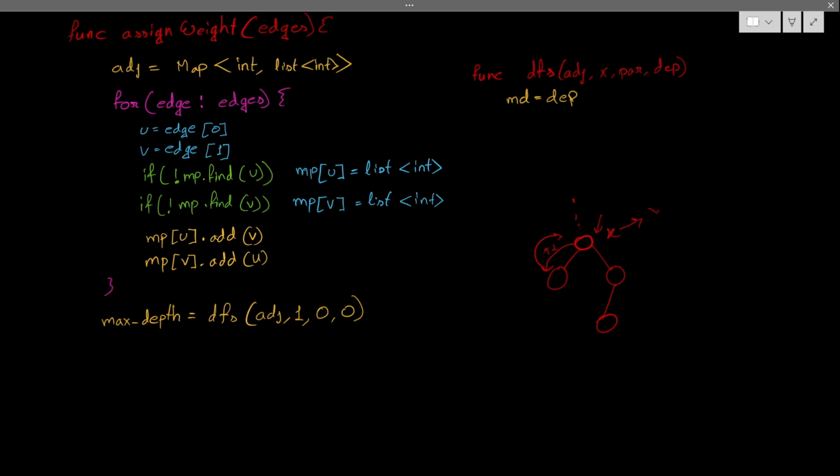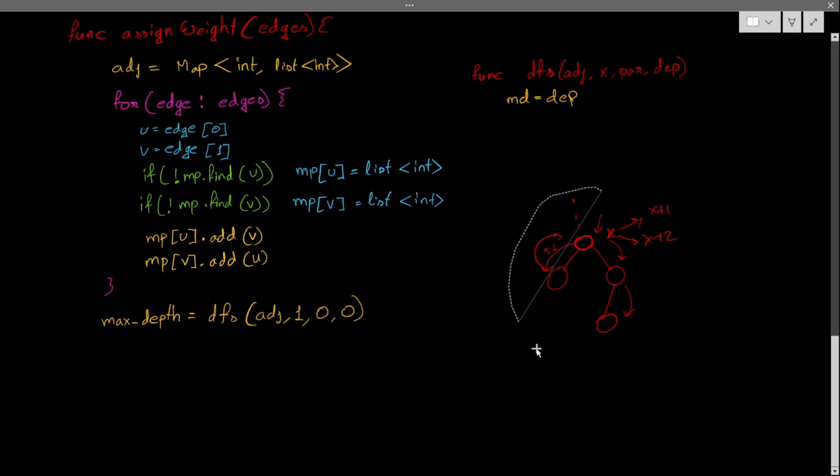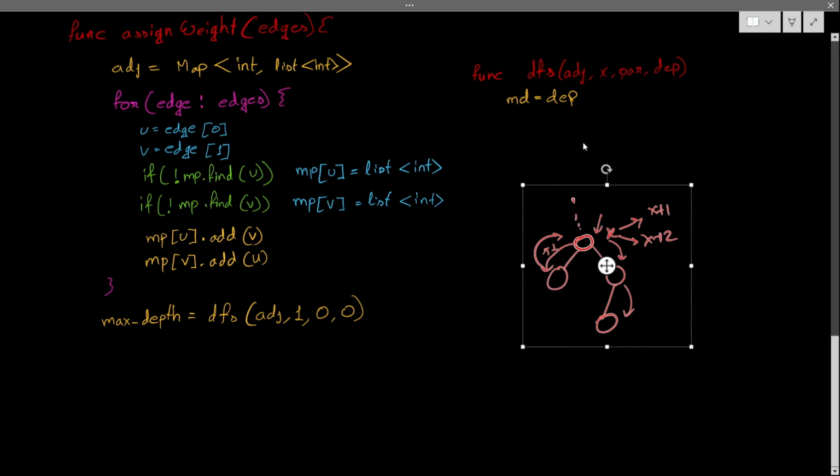For now my maximum is X+1. But when I visit this side, I will get plus 2, so that's X+2. That will be the maximum depth. So the maximum depth could be my current depth, or I can get a better maximum depth. So what I'm going to do right now is iterate for each and every case.